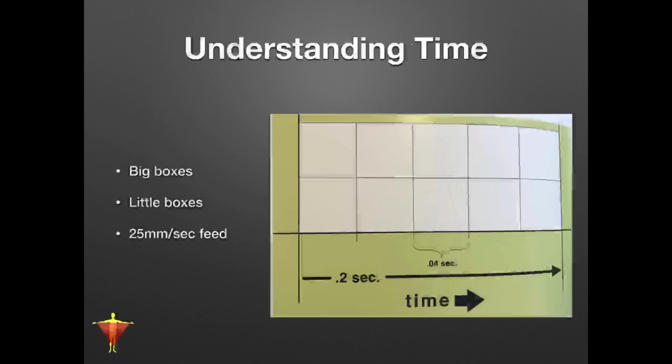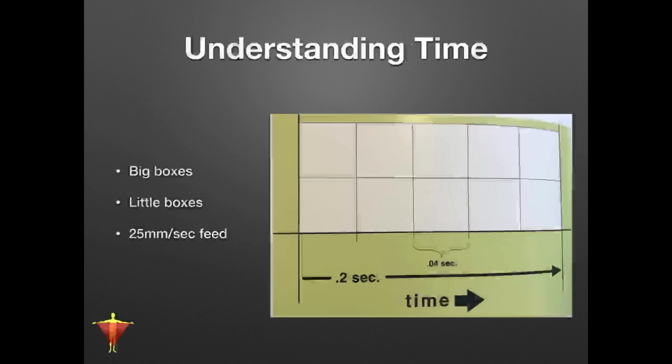So what do those actually mean? Well, let's look at the big boxes. The big boxes represent 0.2 seconds of time. So 0.2 seconds of time is represented by one big box, and within that big box, that large square, we have five smaller boxes, and those represent 0.04 seconds of time.